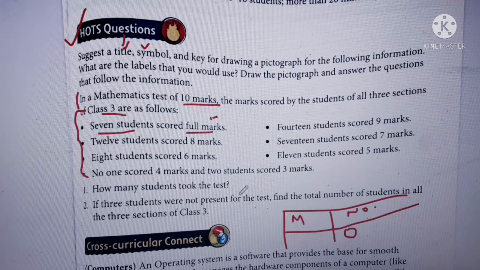Each key is equal to, you can give 1 student, 2 students. Accordingly, children, whichever you find suitable, you can make your own key. Then you have to answer this question. Do this work in your notebook.